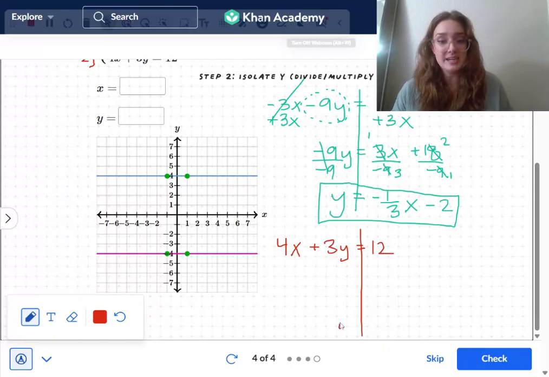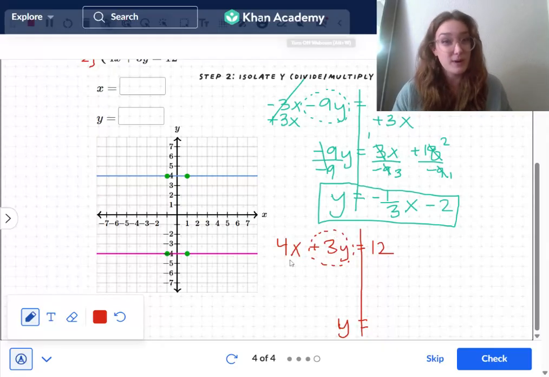Our goal is to get y by itself. Okay, how do we do that? With our two-step equations, we need to isolate the term with our variable first, meaning we need to get 3y by itself. What is preventing 3y from being by itself? This 4x. We want to get rid of it. We're going to subtract 4x from both sides. They cancel.